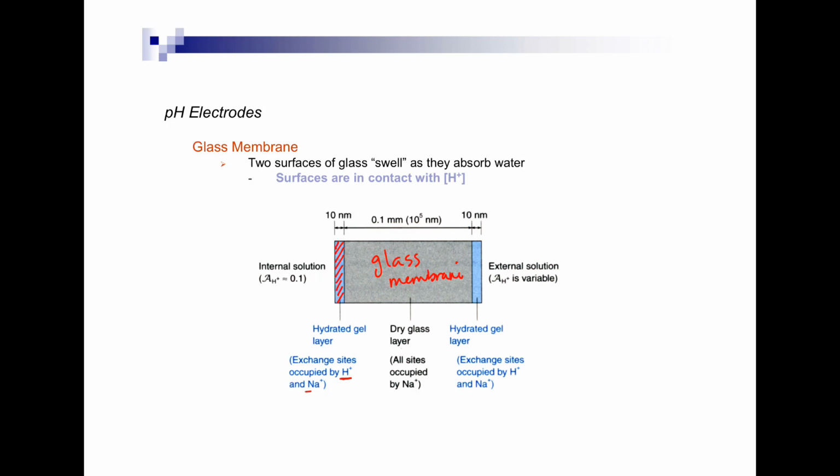A lot of them are still occupied by those sodium ions. On the inside, it's just all occupied by sodium ions because there hasn't been any water, there aren't any hydrogen ions. And so we just get this really, really thin surface where some of them are hydrogen ions and some of them are sodium ions.